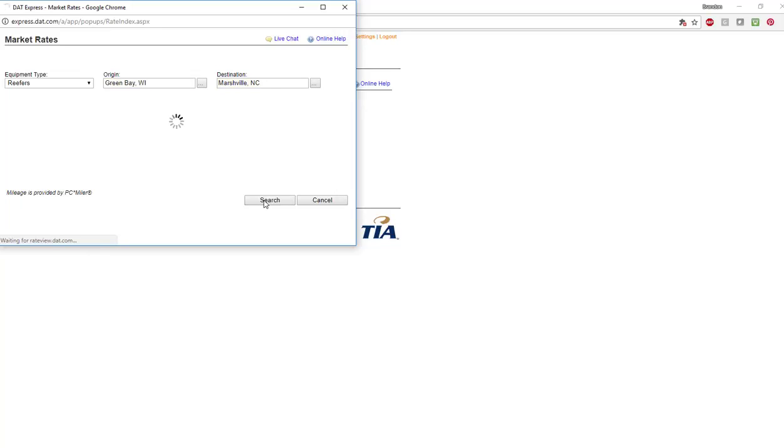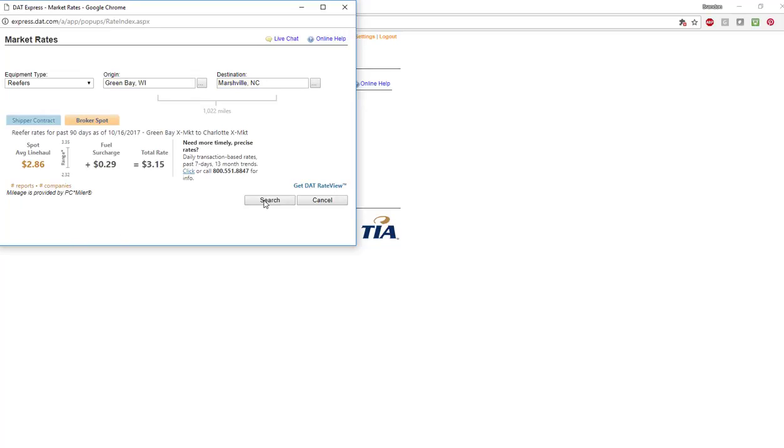Now, when we click search, it is going to come up and show us what the average cost is in that particular lane. And in this case, it breaks it down. It gives us the average line haul rate, then it shows us what the fuel surcharge is, and then it gives us a total rate.